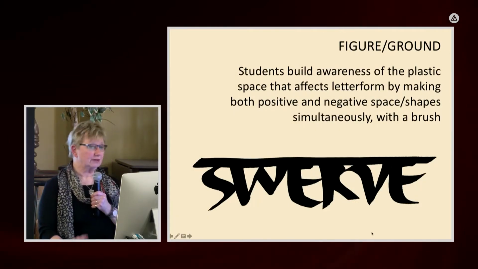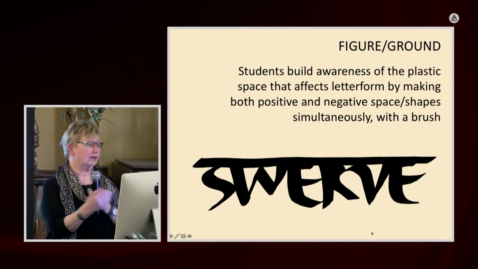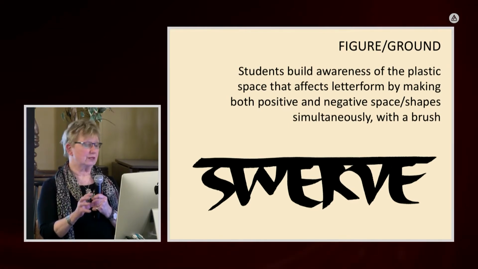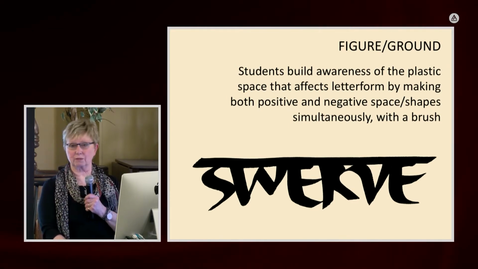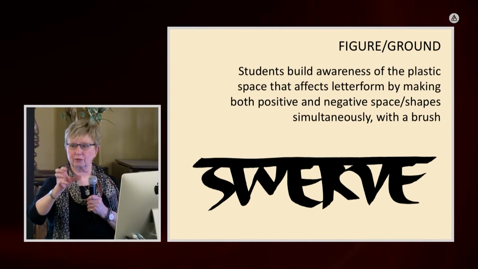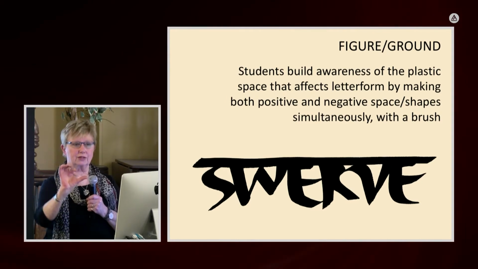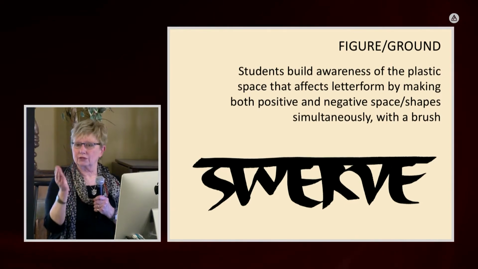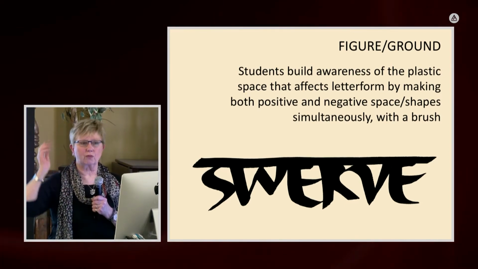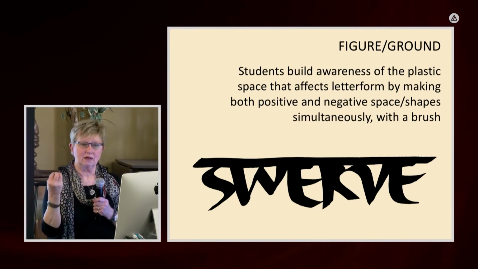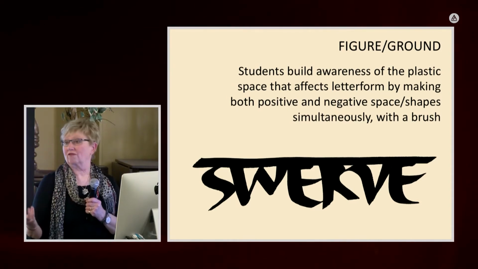On figure-ground, as I said before, you build awareness of the plastic space that affects letter form by making both positive and negative space shapes simultaneously with a brush. So you really have to think about how you're torquing your brush. You're pushing it down to get a wider stroke. You're pulling it up to get a narrow stroke. You're lifting it in a certain way so it leaves a point at the end of the terminal instead of ending in a blunt stroke, or vice versa.